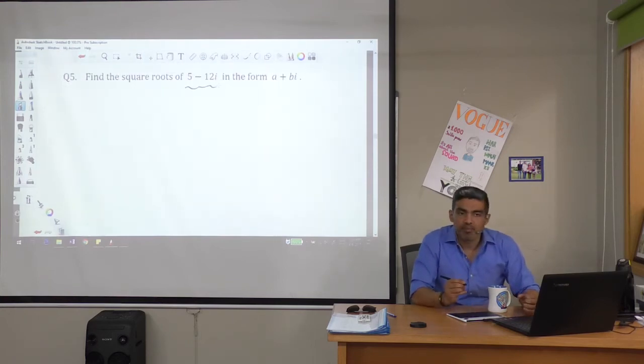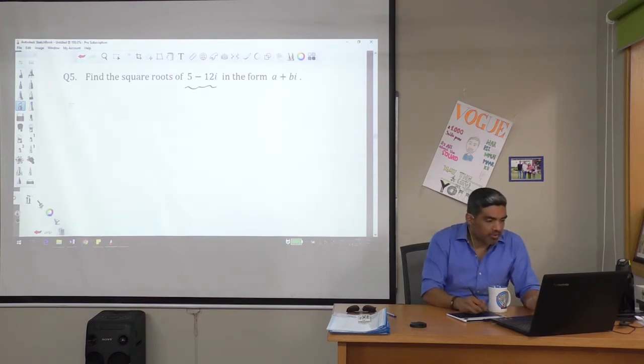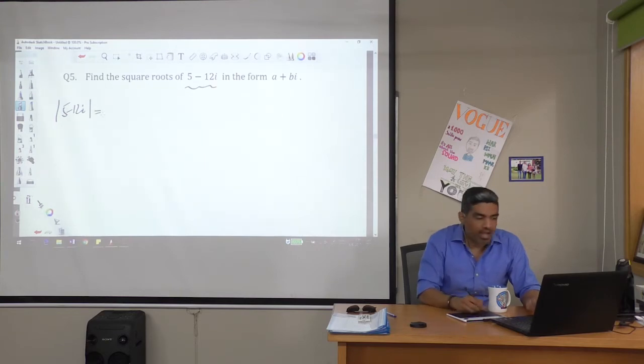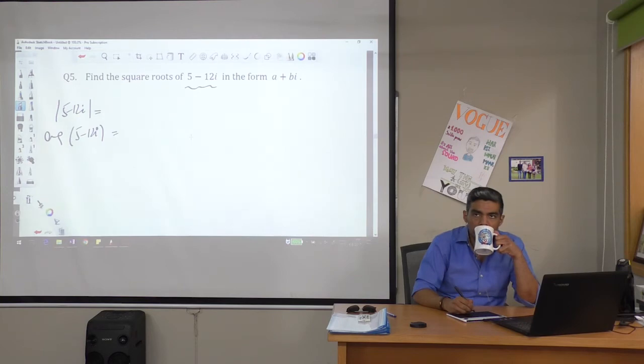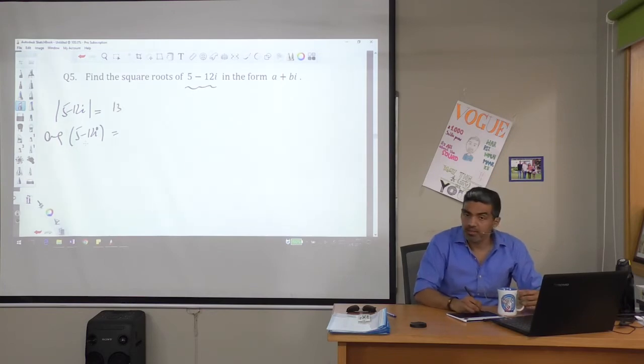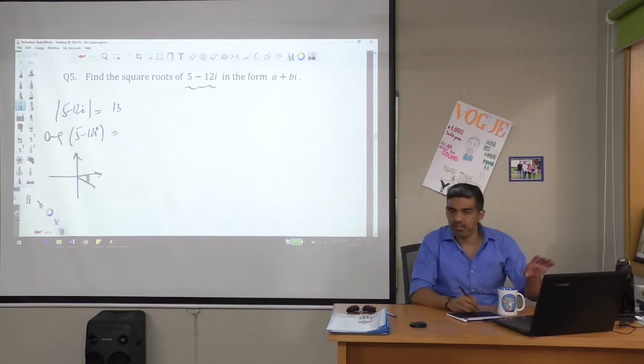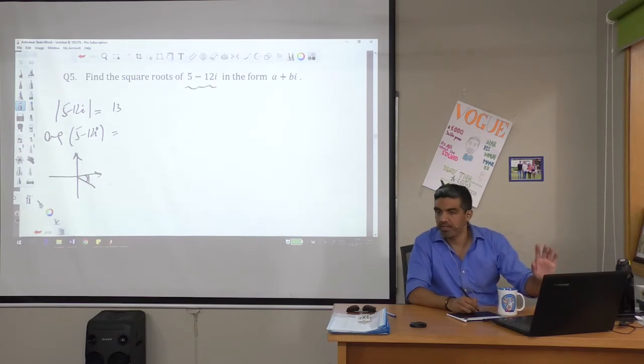Let's convert this to the exponential form first. For that I require the mod and I require the argument. Okay, this is in the fourth quadrant. So your angle is tan inverse b upon a but with a minus sign.